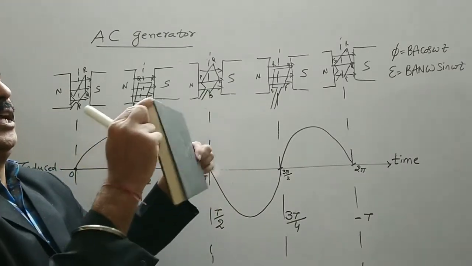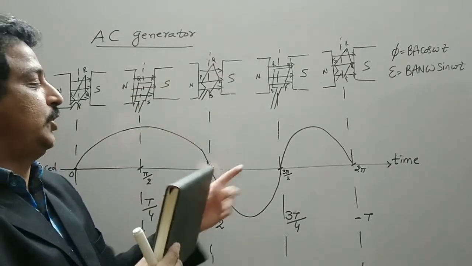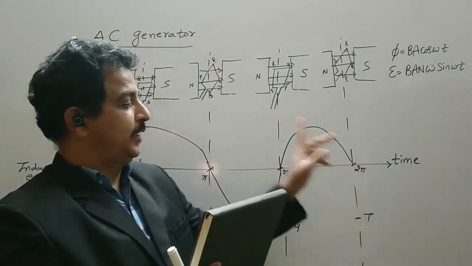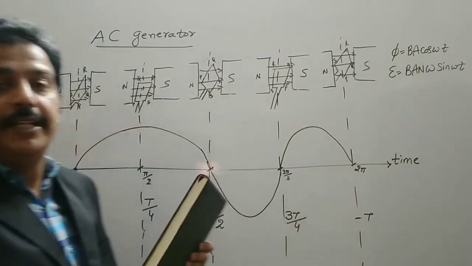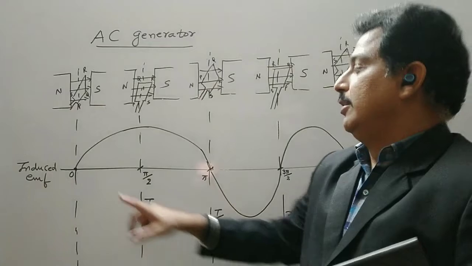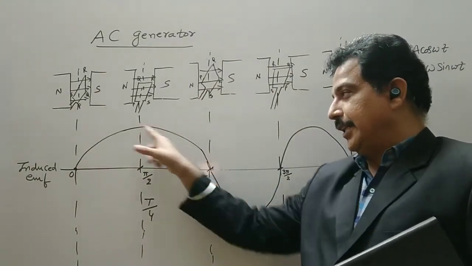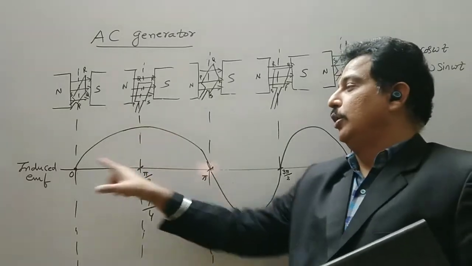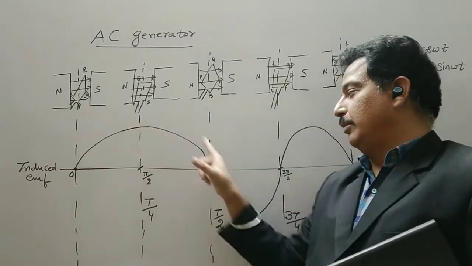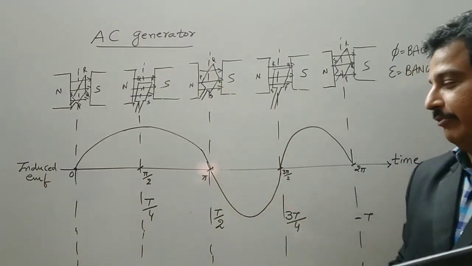And again, as we come to this end, this is one complete rotation. So from 270 to 360, again the EMF will increase. So the EMF keeps on changing, 0 to maximum, maximum to minimum. Here the direction has not changed, but the value goes 0 to maximum, maximum to minimum. Then after 180 degrees, the polarity will change.